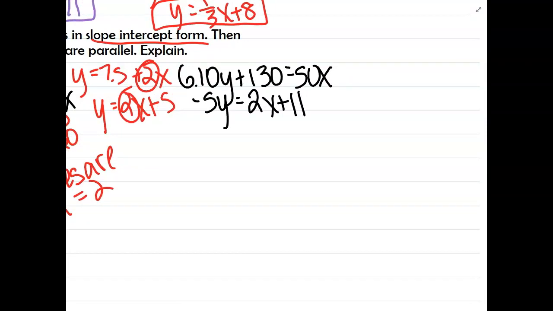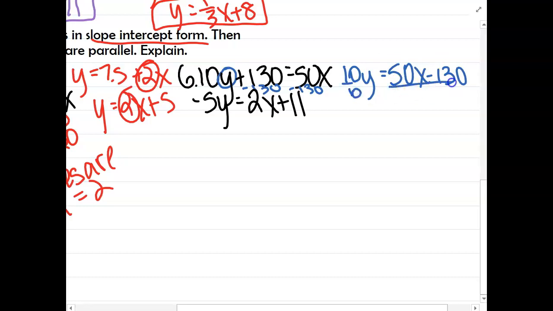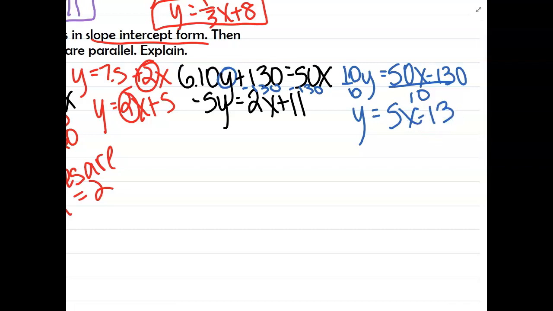Now, same idea here. You need to put them into y equals so we can find out their slopes. So for that first equation, what's my first step in getting that into y equals? Subtract the 130. So we have 10y equals 50x minus 130, and then we'll divide by 10, so we have y equals 5x minus 13.